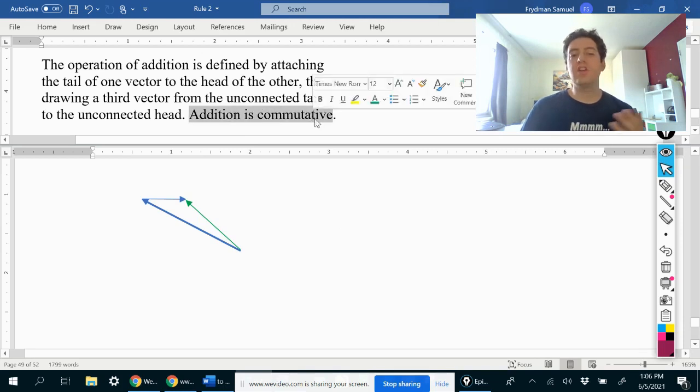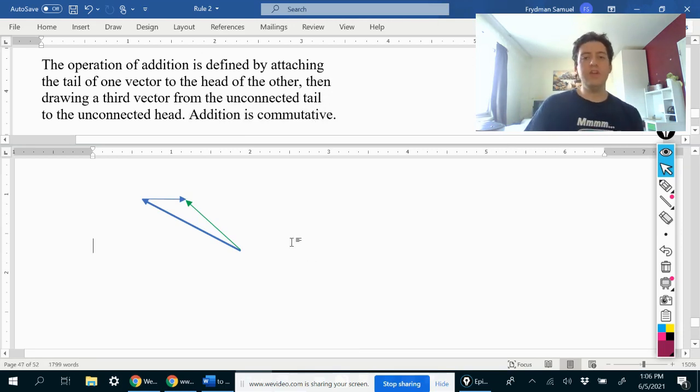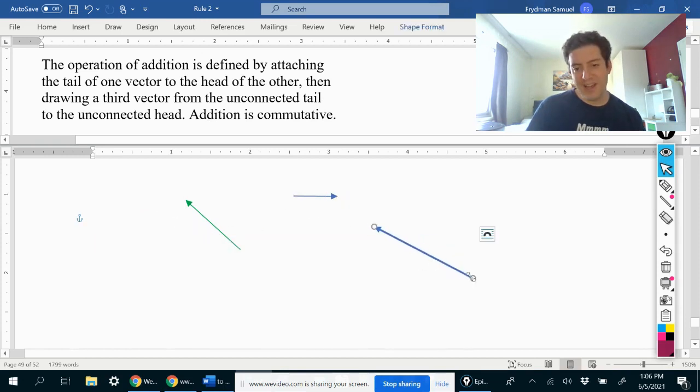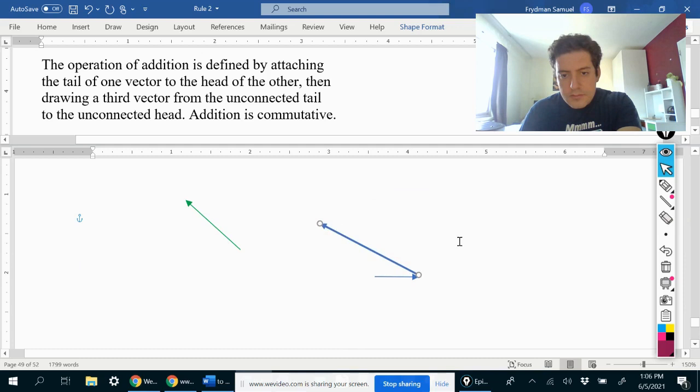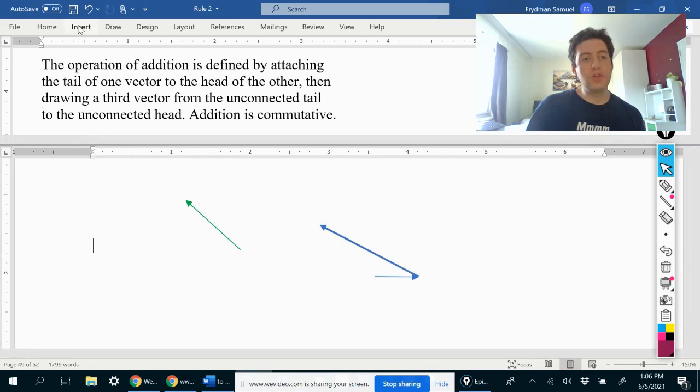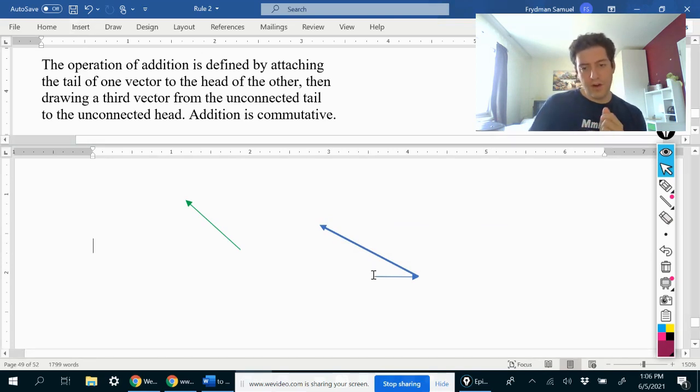And addition is commutative, which means we could change the order. So remember, we put the tail of this vector onto the head of this vector. But if we had done it the other way around, if, let's say, we put the tail of this vector onto the head of this vector, and then, again, for the sum, we draw another vector from this unconnected tail to this unconnected head.